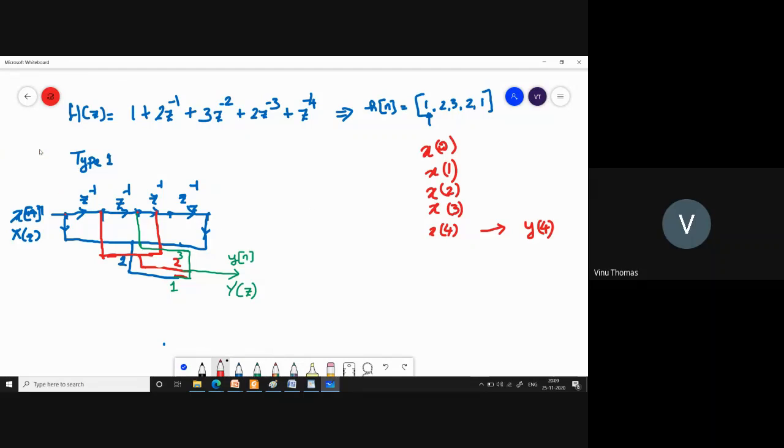Okay. So this is a linear phase structure for type 1 FIR filter. So let me look at a type 2 FIR filter. This is a type 2 FIR filter. So I will change the coefficient values.